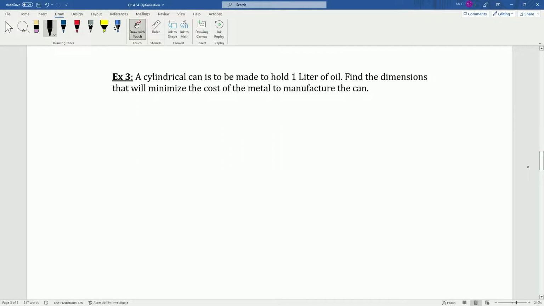A cylindrical can is to be made to hold 1 liter of oil. Find the dimensions that will minimize the cost of the metal to manufacture the can. Okay, so let's draw a picture. We've got a can. It should look something like this.